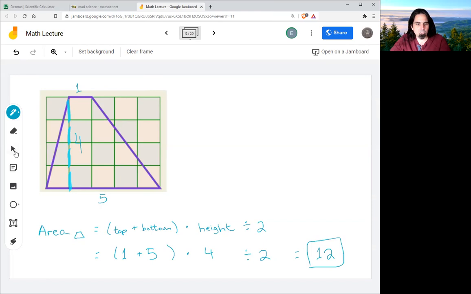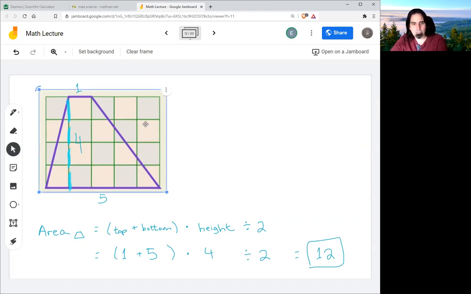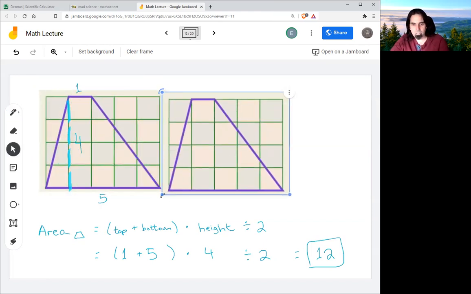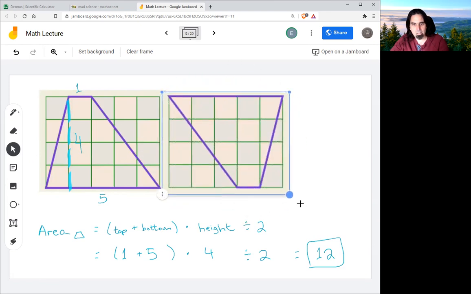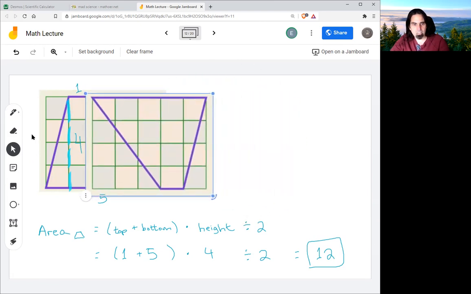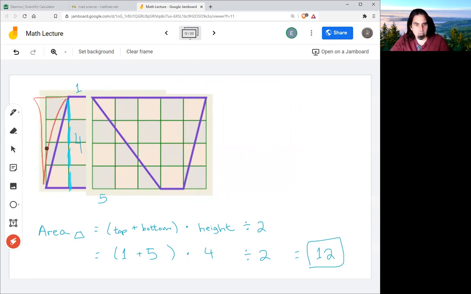And this one I can't show you as great since we don't have pencil and paper. But imagine that we did rotate this around and stuck it on nicely. And then you could take this thing and move it over here.